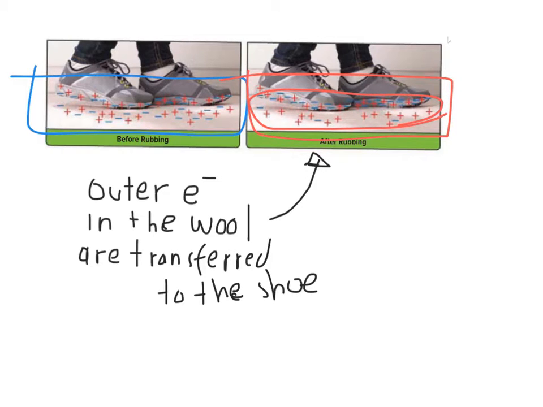So this is an example of how we can turn a neutral object into a charged object, at least for a while. Because this is kind of a temporary condition, and after this it can return to the original form, in which you have a neutral object again.